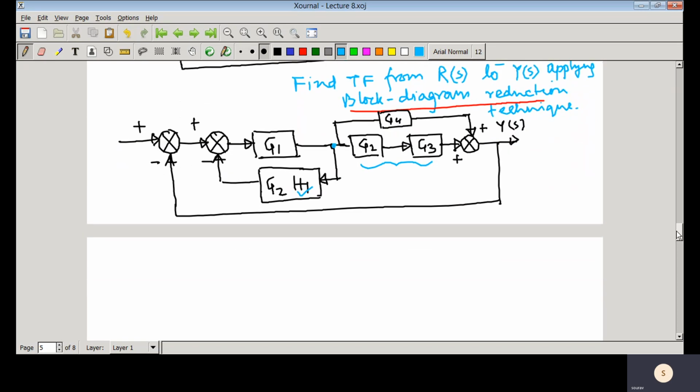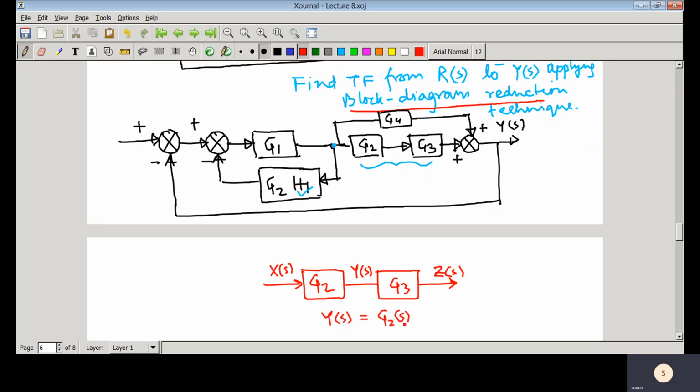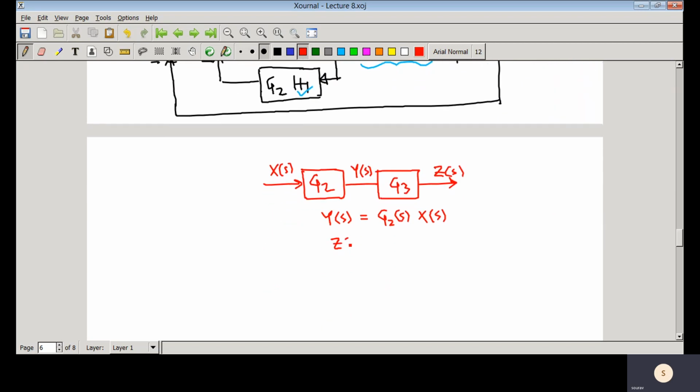Whenever two systems are cascaded, what happens? Suppose you have G2 and you have G3. You can see here this is XS, this is YS, this is ZS. Then YS equals G2S into XS, then ZS equals G3S into YS.